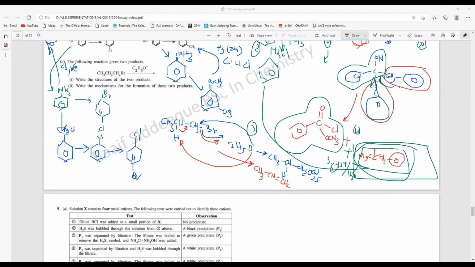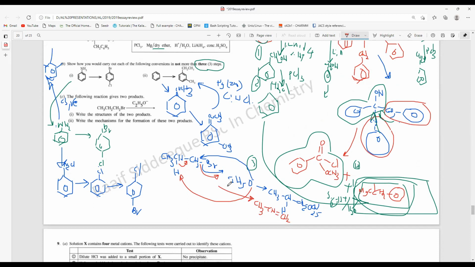So this is what they are asking. Two products can be formed. The reason is that this ethoxide nucleophile or base can attack the carbon that is attached to bromine, or the adjacent hydrogen to remove HBr to give an alkene, or to give a substituted product, the ether here.